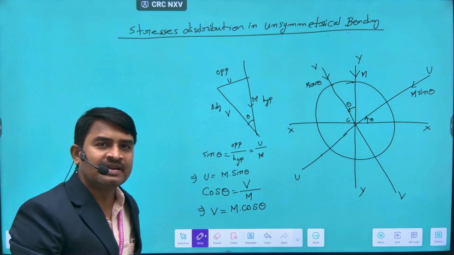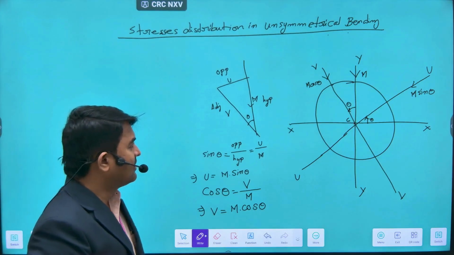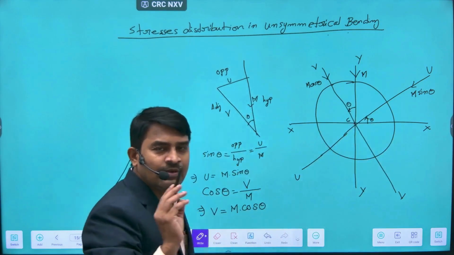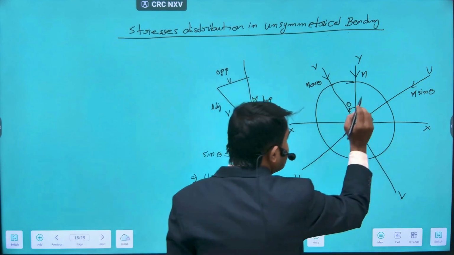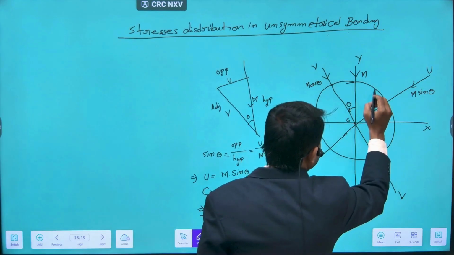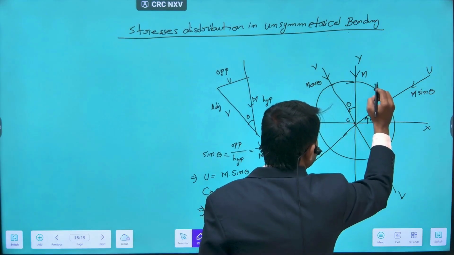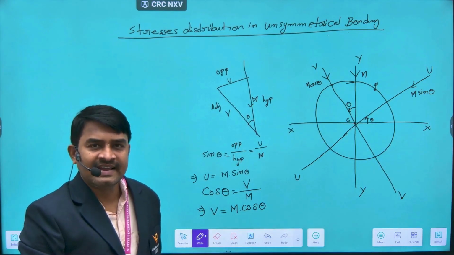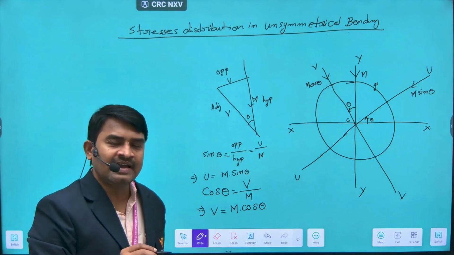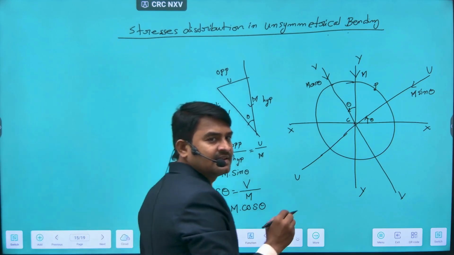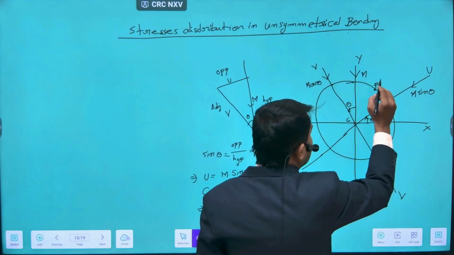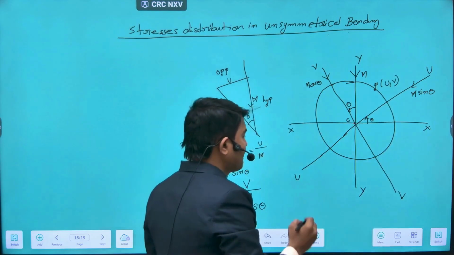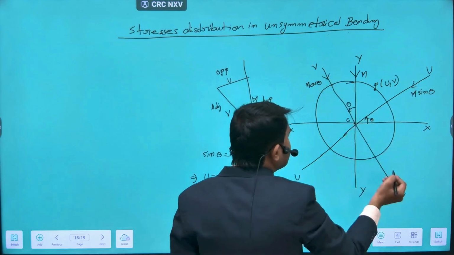The next step is very important. On the periphery of the circle, identify one point. Here I am taking the point, let us say P. The point P has coordinates XX with respect to the XX and YY axes, and components UV with respect to the axes UU and VV.